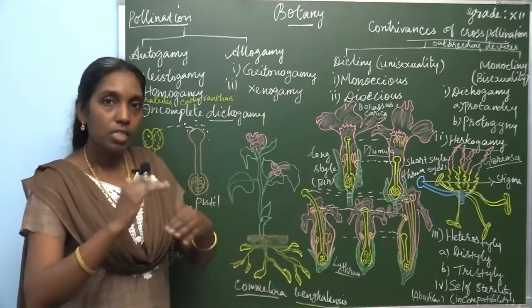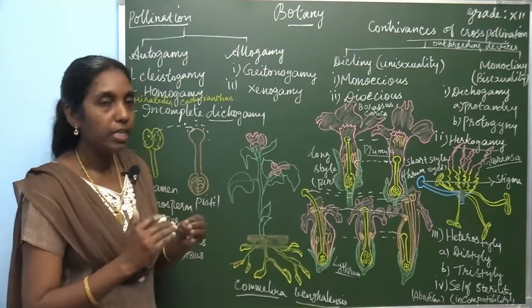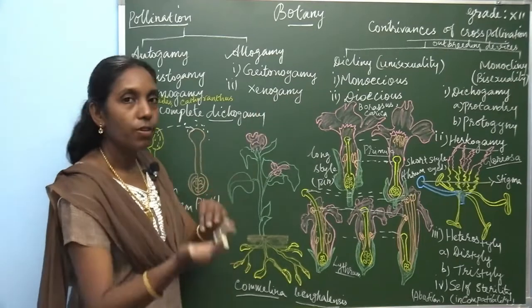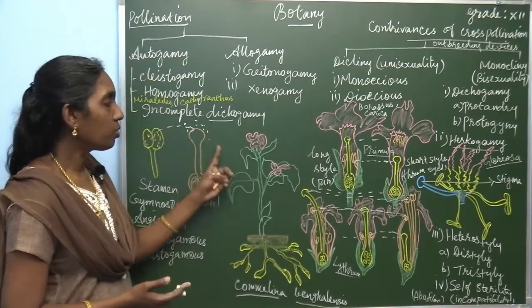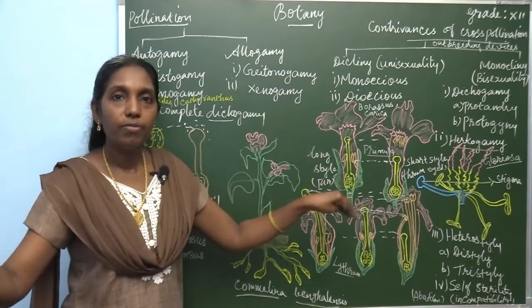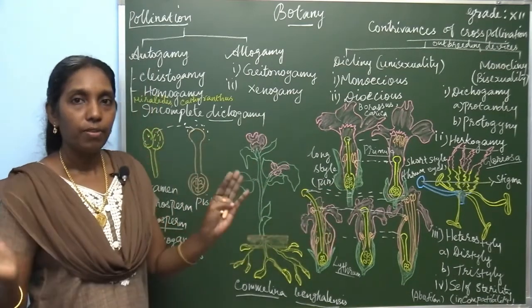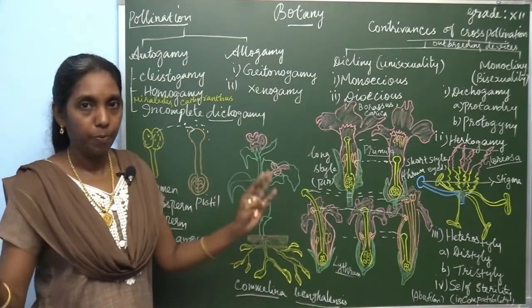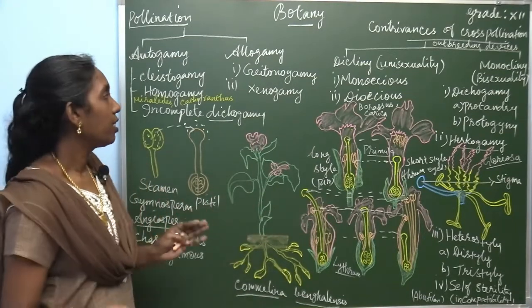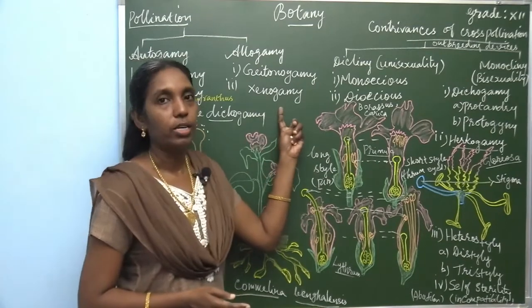Xenogamy is also cross-pollination, but the difference is the transfer of pollen grains from the anther to the stigma of flowers present on a different plant. Male and female flowers are present on two different plants, where the cross-pollination takes place; that is xenogamy.